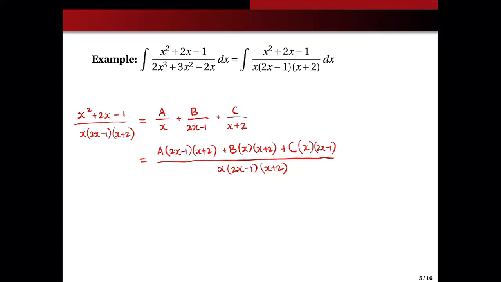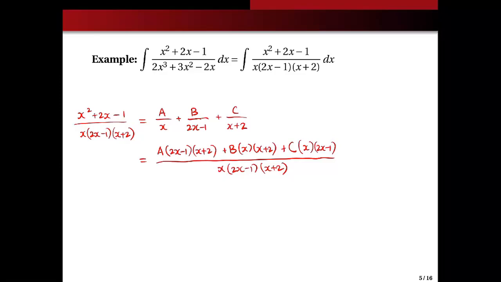And then from here, you can expand this if you want. And once you have expanded this, you can compare coefficients. But for this case, since the denominators, the expressions are distinct, what we will do is just assign values for x.